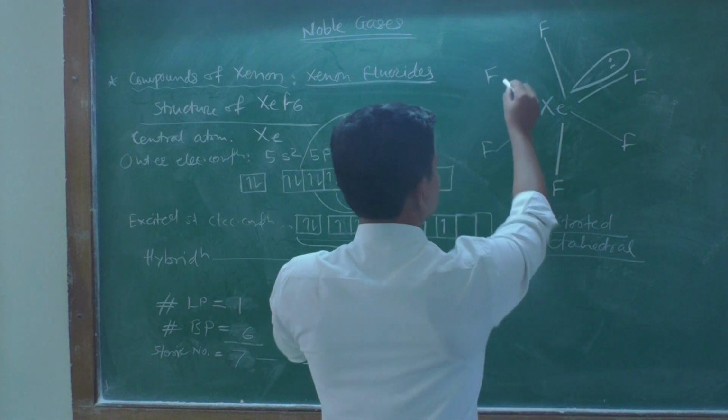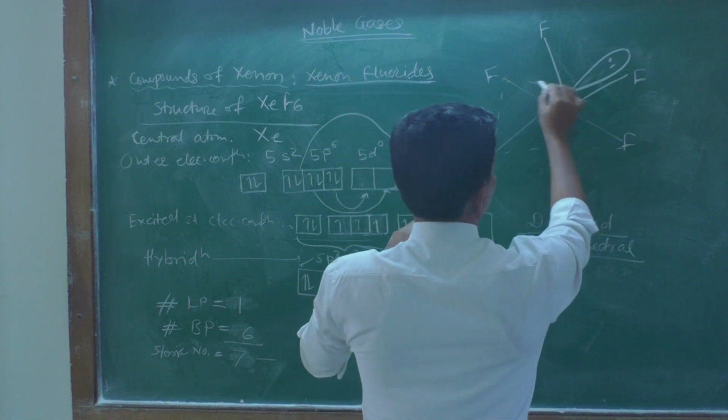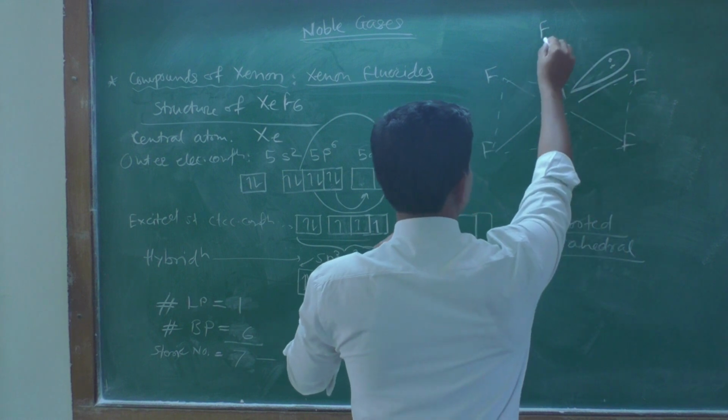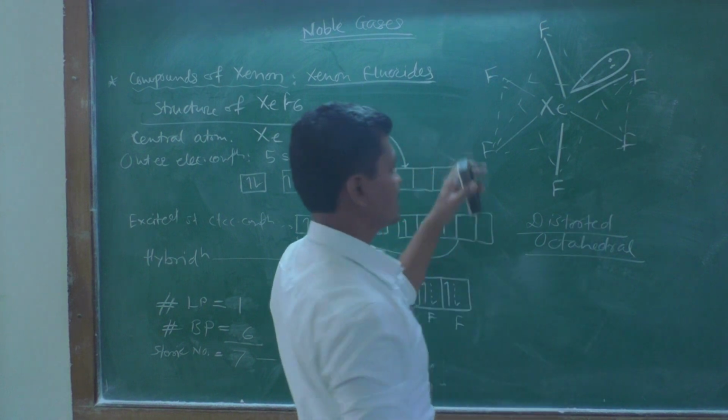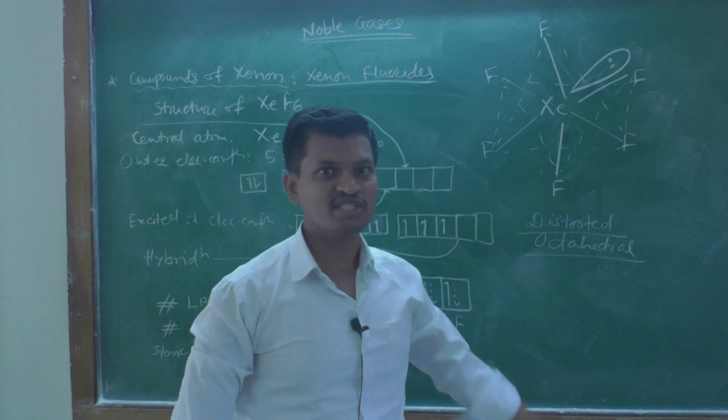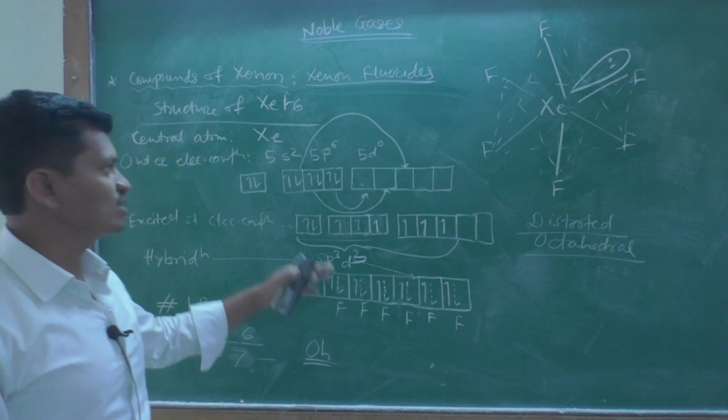We can say the geometry is distorted octahedral. This is the distorted octahedral geometry of xenon hexafluoride. Okay, so this is all about the structures of xenon fluorides.